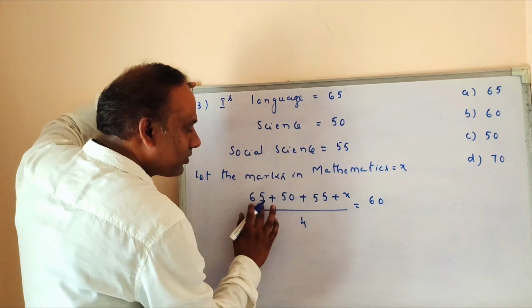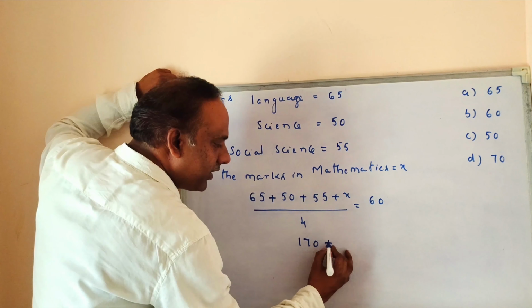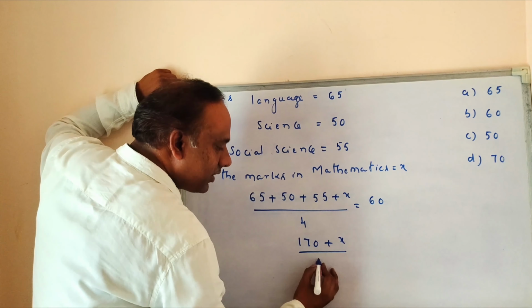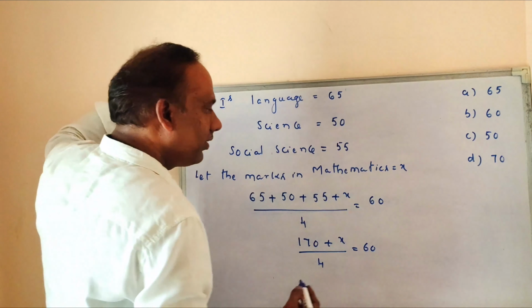The sum of 65 plus 50 plus 55 is 170, so 170 plus x divided by 4 is equal to 60.